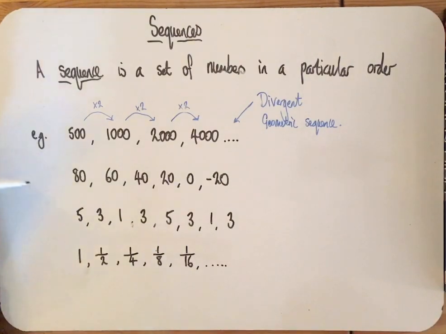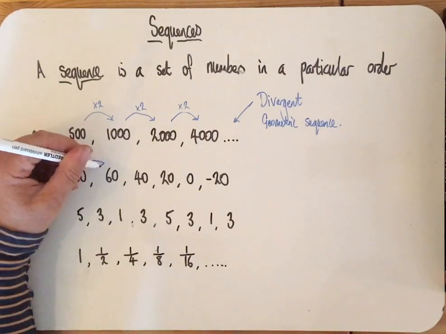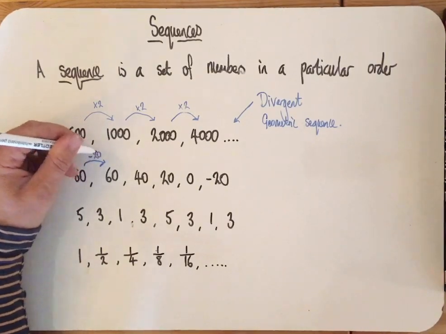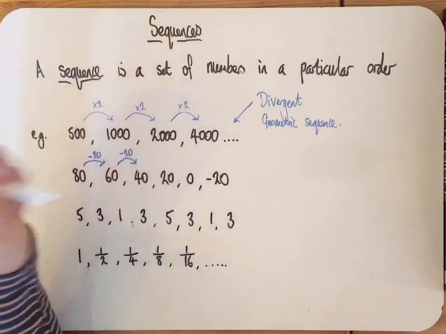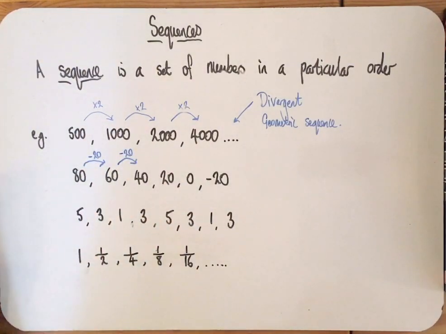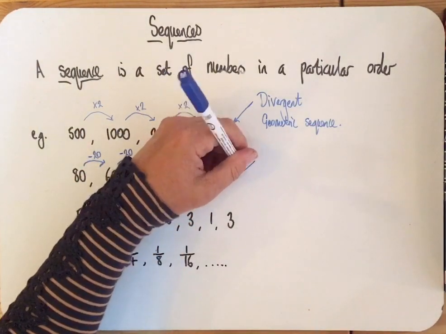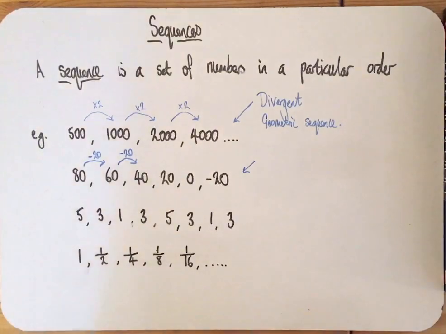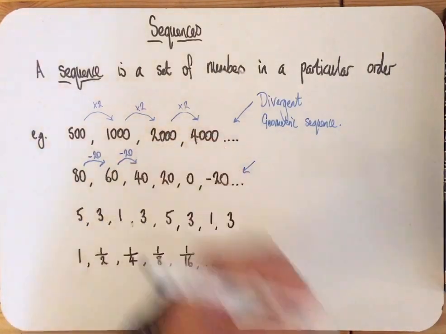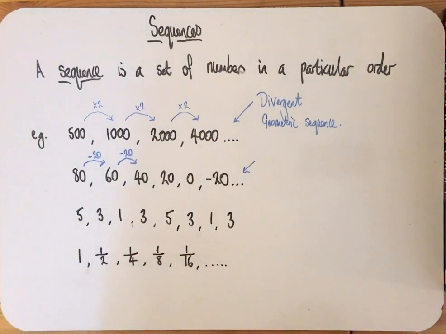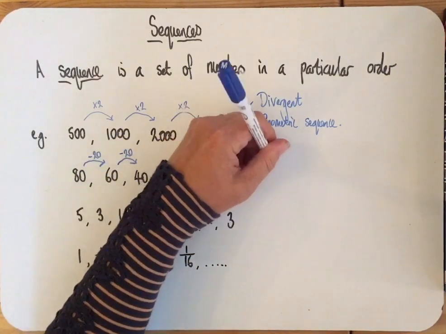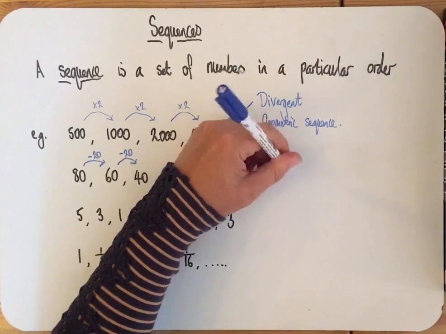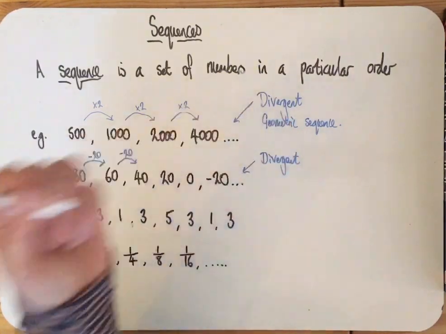So next one, to get to the next term, I'm taking away 20, minus 20, minus 20, etc. Again, I think we really need to make it infinite to talk a bit about it being divergent, but it can be divergent, getting a bigger negative number there.